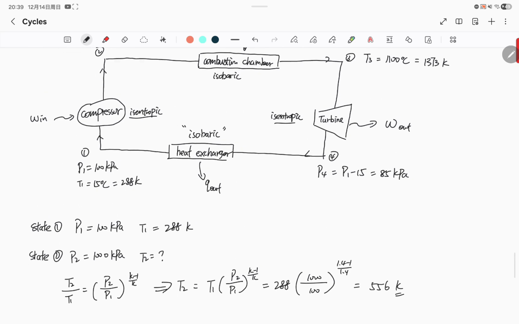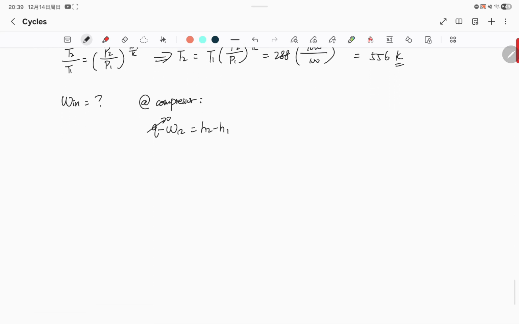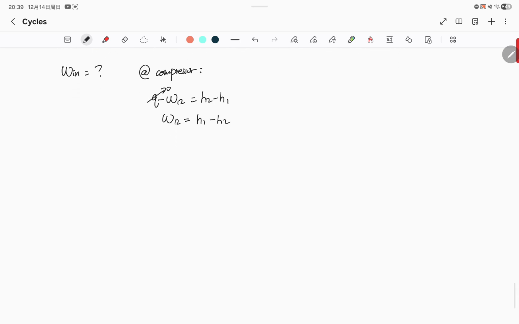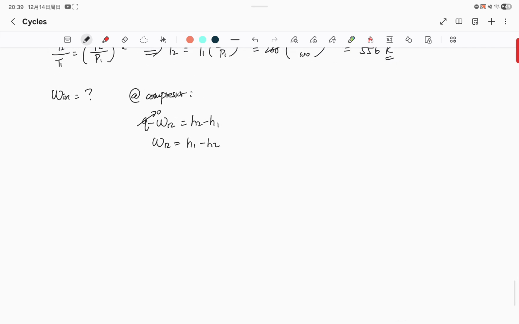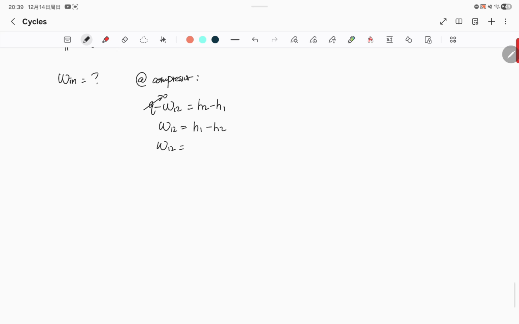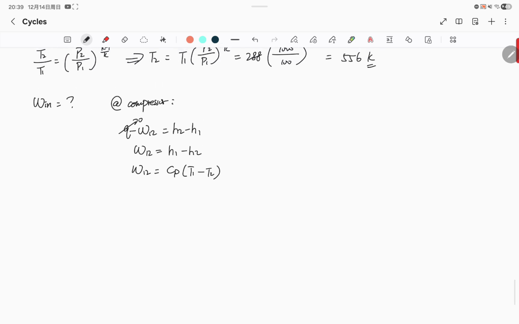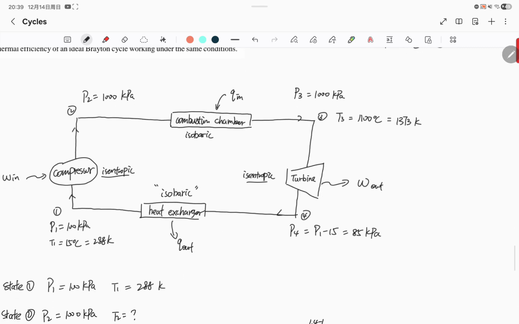Because isentropic. Isentropic means adiabatic and reversible. So heat is 0. So work 12 is H1 minus H2. Since we're dealing with ideal gas, we can write H1 minus H2 as Cp times (T1 minus T2).